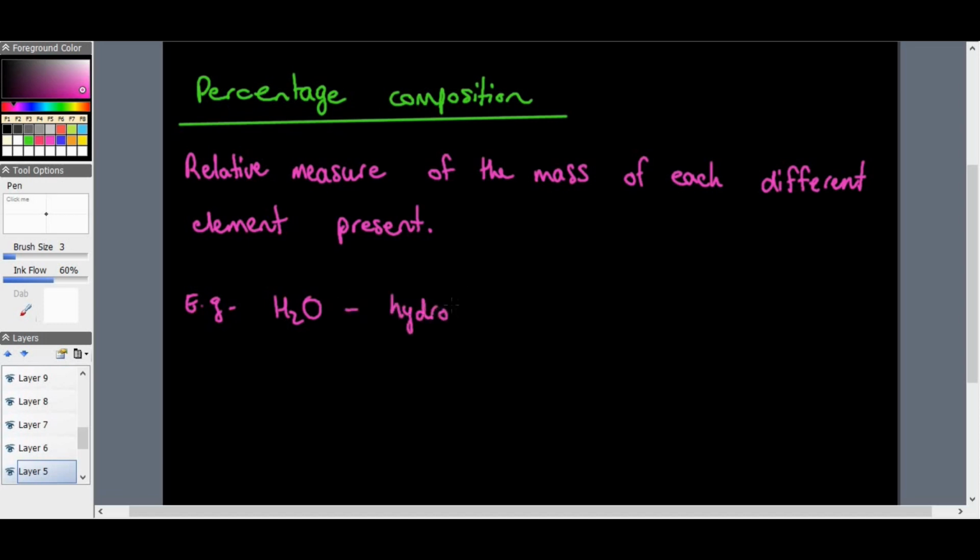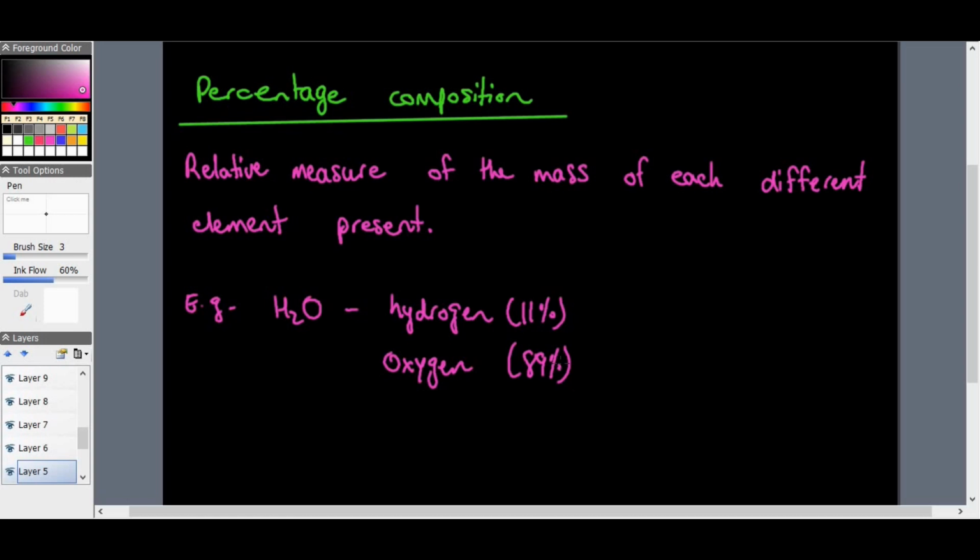Let's say, for example, hydrogen is 11%, and the percentage of the mass of oxygen is about 89%. Which you may think to be a little bit absurd because there's double the hydrogen in only one oxygen. But the molar mass of oxygen is obviously quite large.